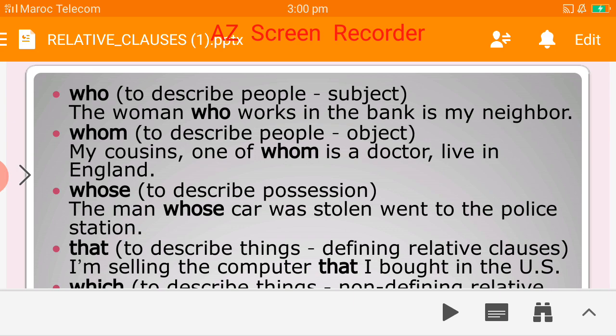So we have who, and it refers to the woman. Second one, whom, to describe people, and it is used as an object. The example is: my cousins, one of whom is a doctor, live in England.